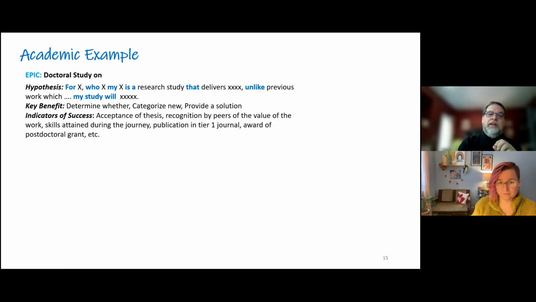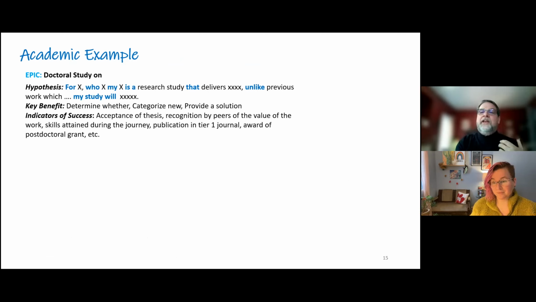Now, in an academic example, it could be a doctoral study on something like dragonfly wing flexibility. For X, my X is a research study that delivers X, unlike previous work, which my study will do X. And your key benefit could have a phrase of determine whether, or categorize new, or provide a solution which.